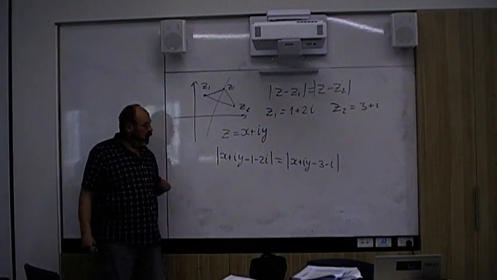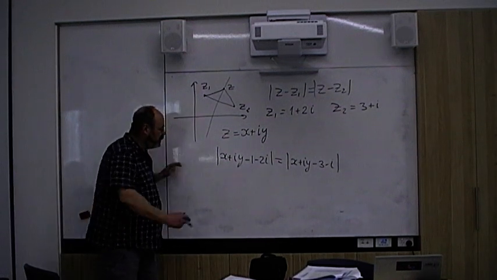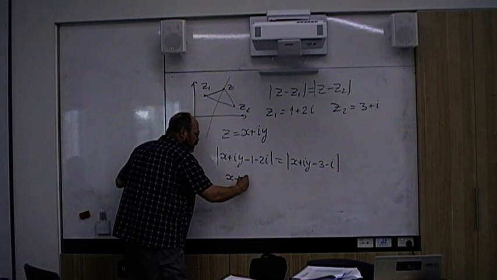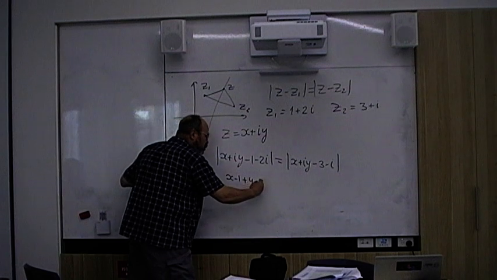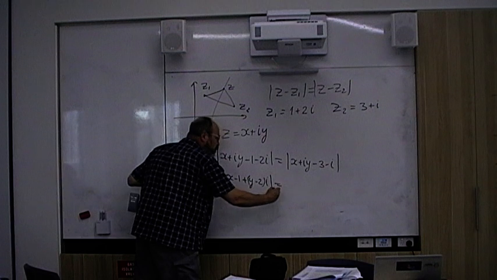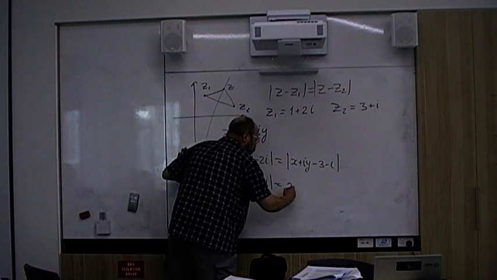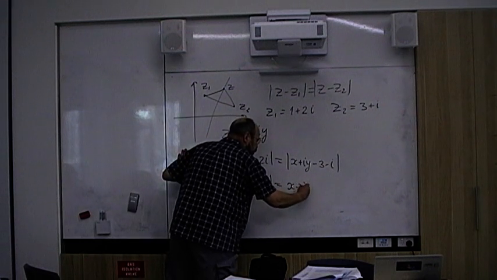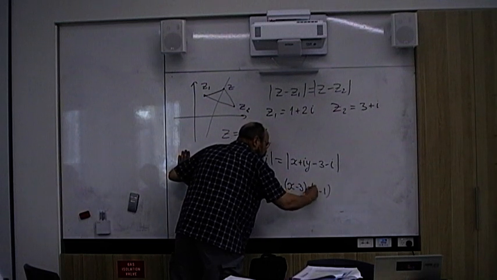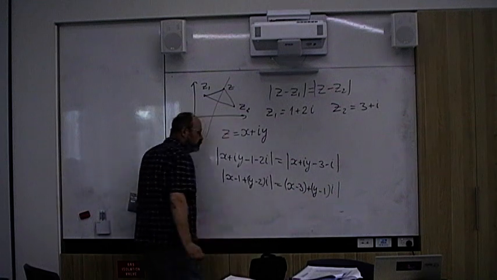Now let's rearrange it a little bit. Write it as modulus of x minus 1 plus y minus 2 i, equal modulus of x minus 3 plus y minus 1 i.